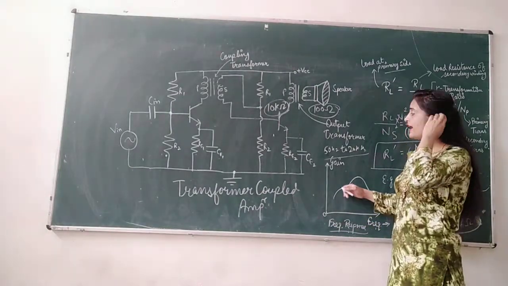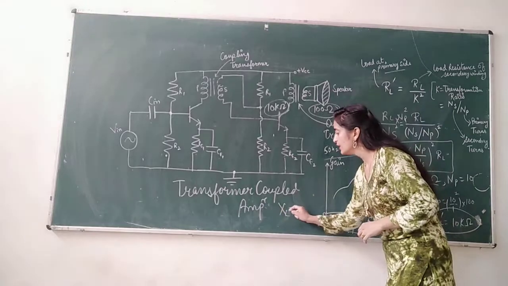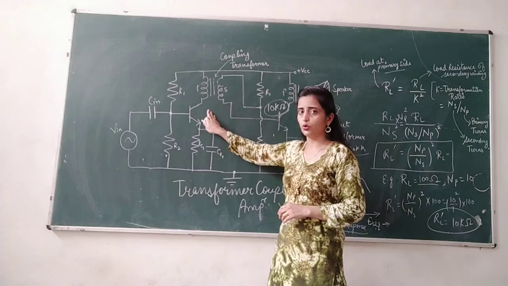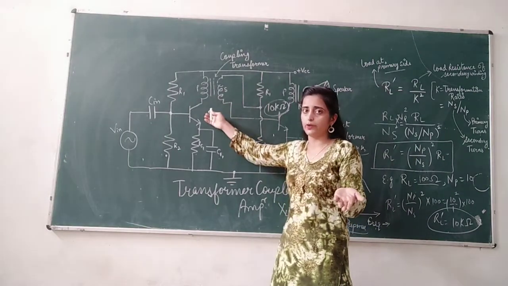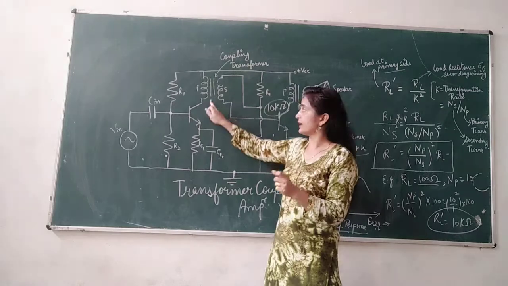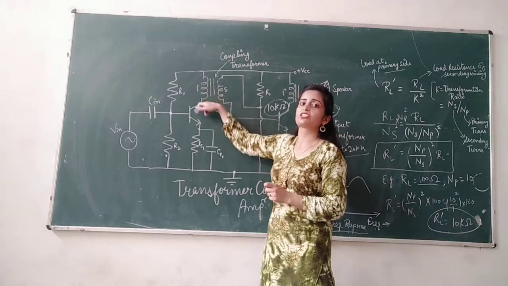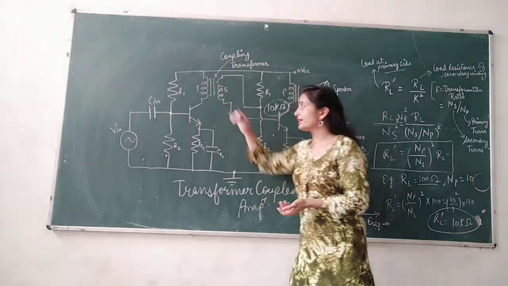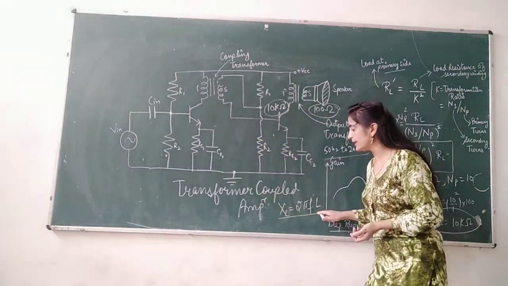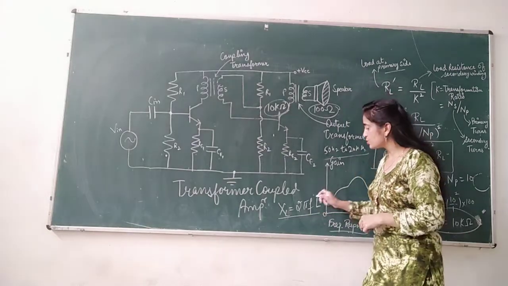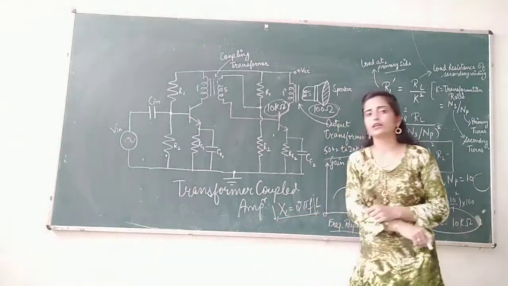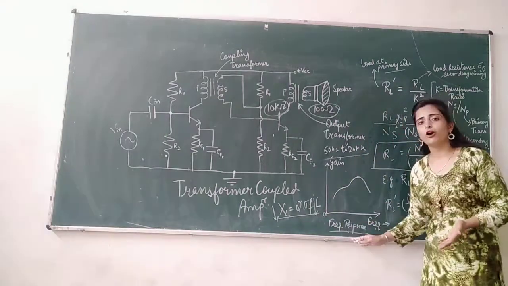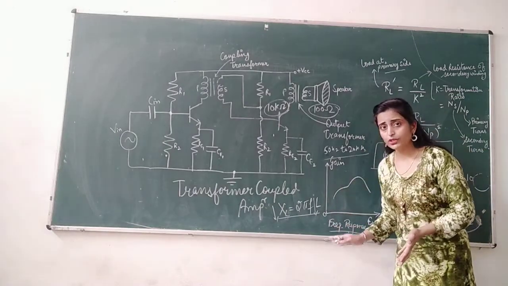Because inductive reactance works at low frequencies as well as at high frequencies. Because there is inductance L in the transformer, there will be inductive reactance, which is directly proportional to the frequency. So at low frequencies the inductive reactance will be low, and then the gain will fall down at low frequencies.